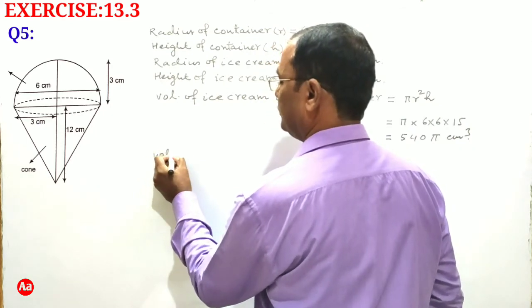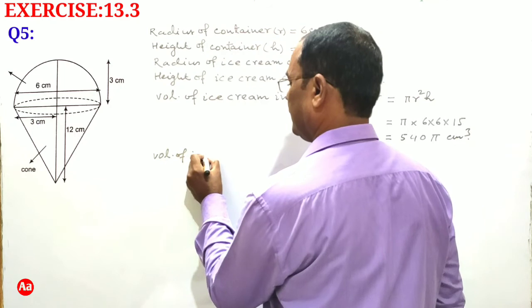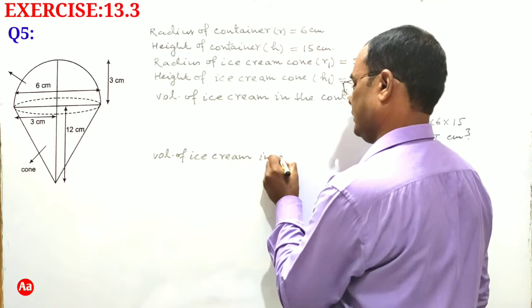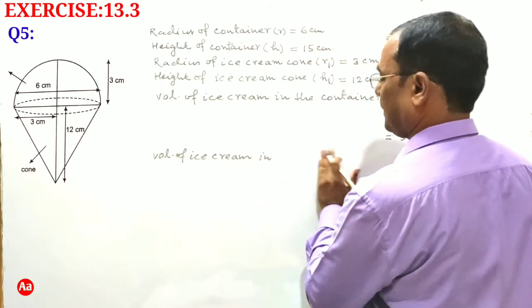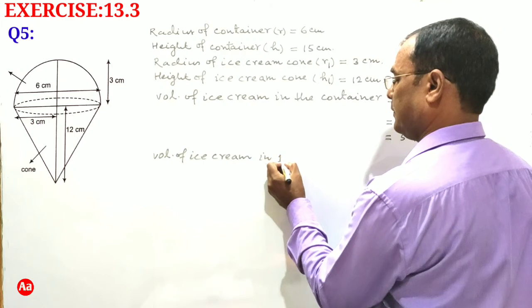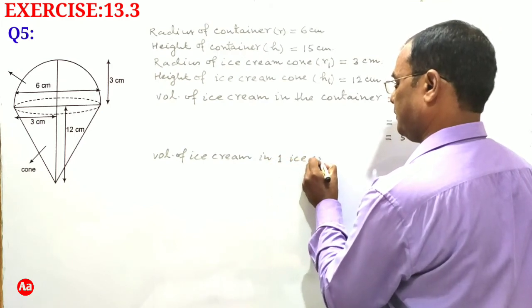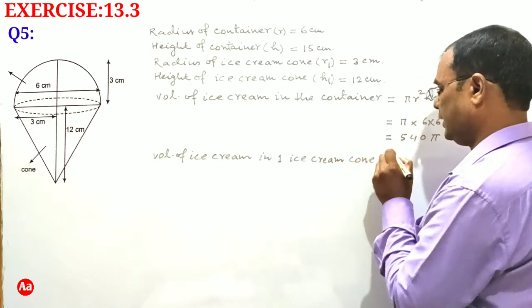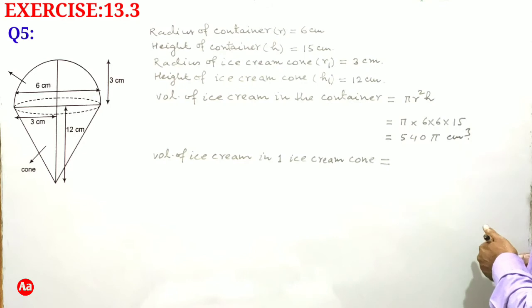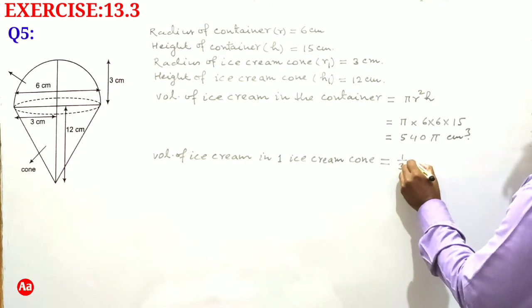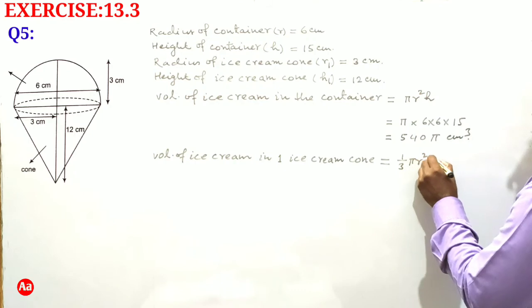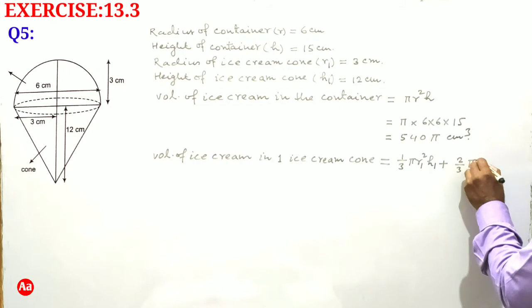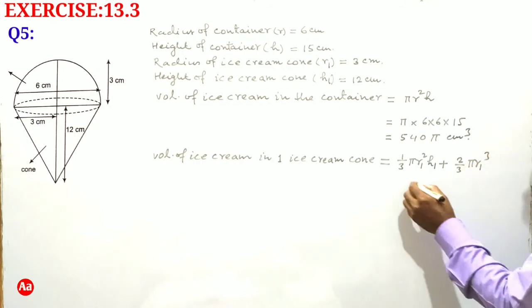So volume of ice cream in one ice cream cone will be equal to 1 by 3 pi r1 square h1 plus 2 by 3 pi r1 cube.